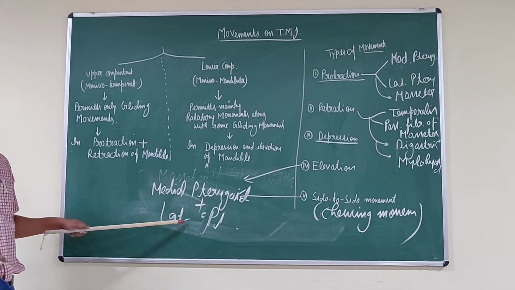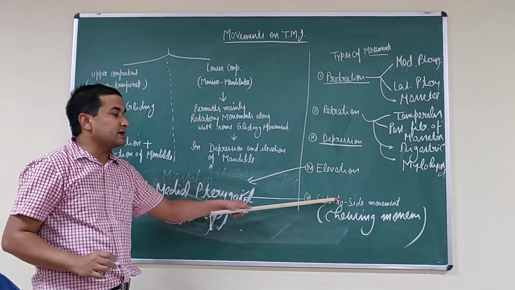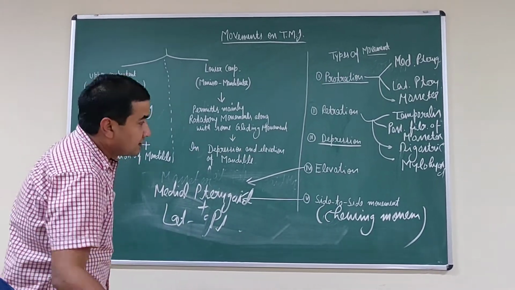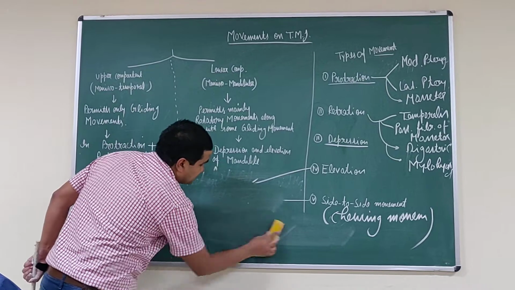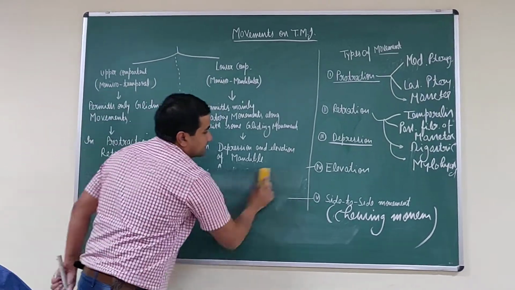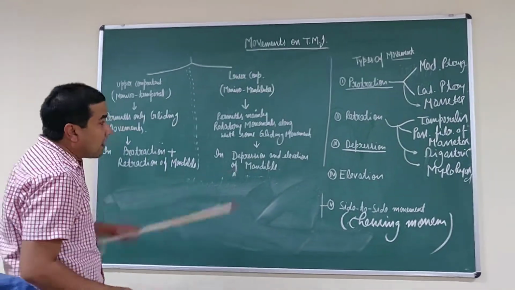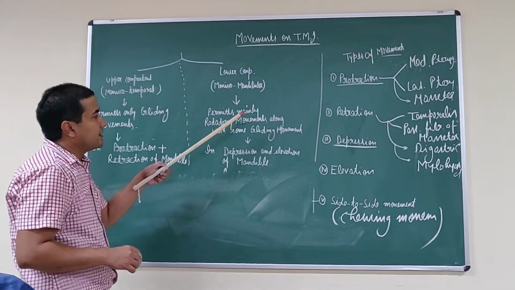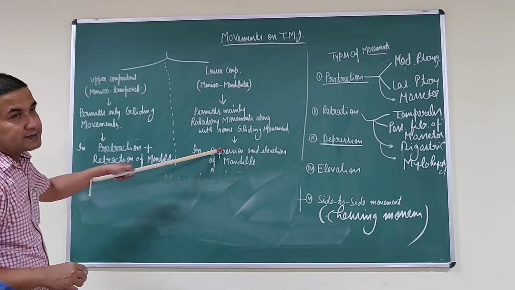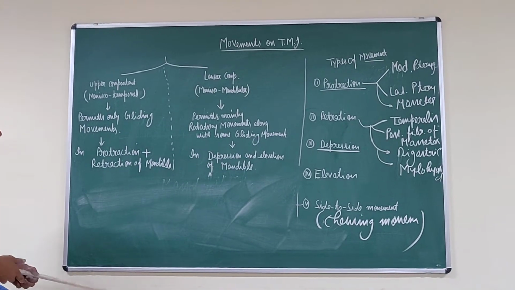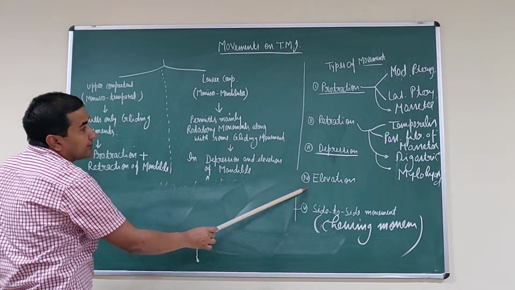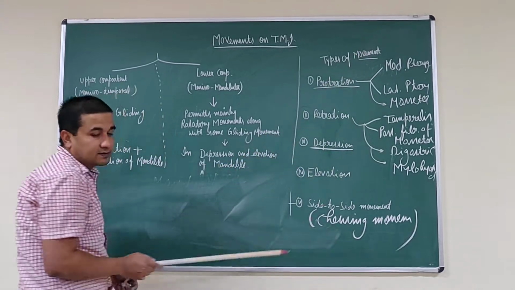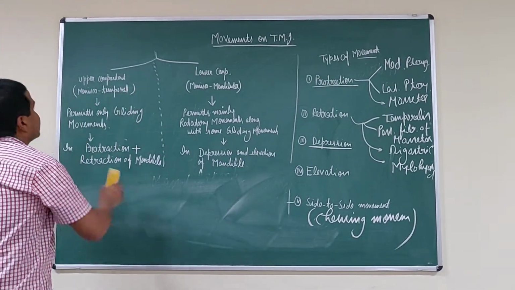Their alternate contraction allows the chewing movement or side to side movement of the temporomandibular joint, and these alternate movements occur on the lower compartment, that is the rotation of the condyles at the inferior surface of the articular disc. So these are the movements that occur at the temporomandibular joints, and these are the various muscles that assist these movements.